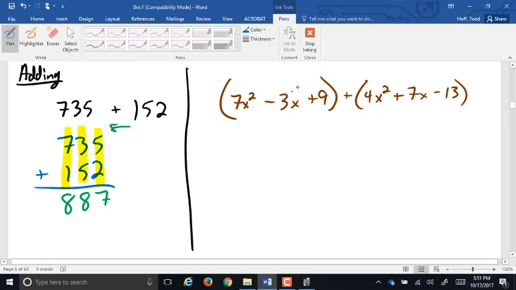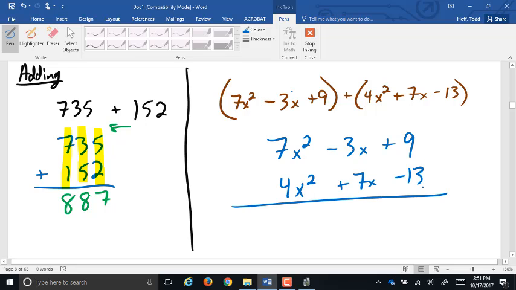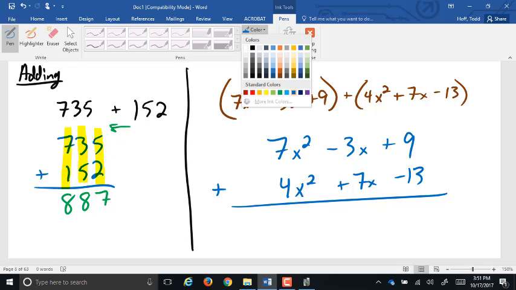The same thing has to hold true. Now it's not ones, tens, and hundreds that I have to line up, but it is the x squareds and the x's and the ones, it's always ones, of course, that have to be lined up. And I add my columns.